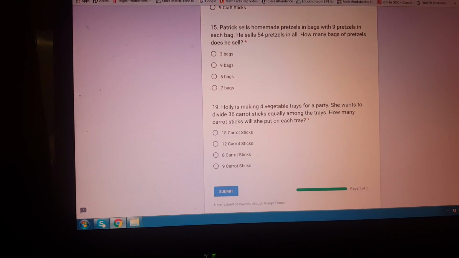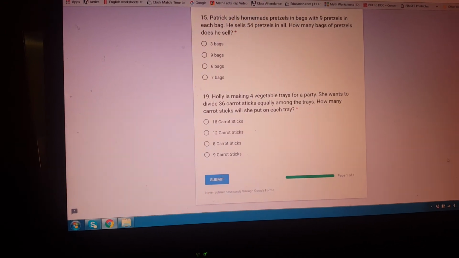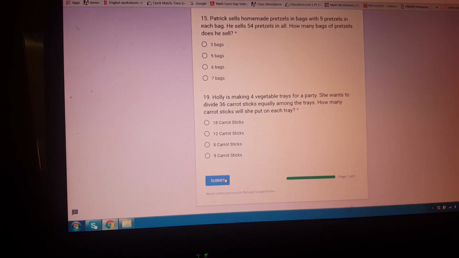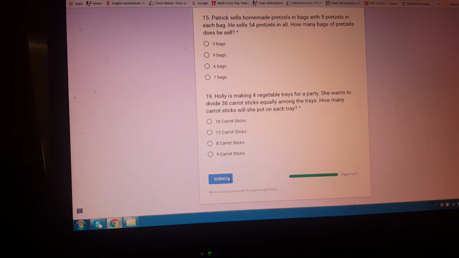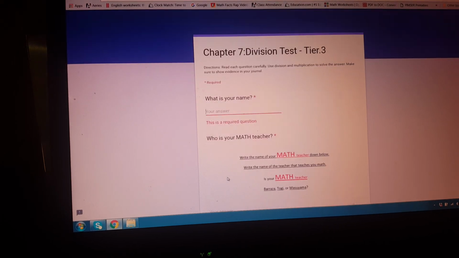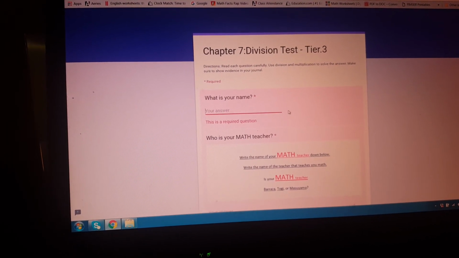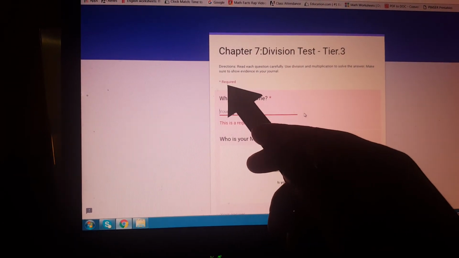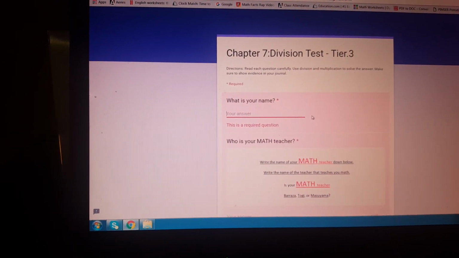Moving on. Once you finish, you see this little green button. This little blue button. And all you have to do is click submit. If you click submit and red comes out, you see all this red that's coming out? It says star required. It means you missed the question and you need to fill it out.